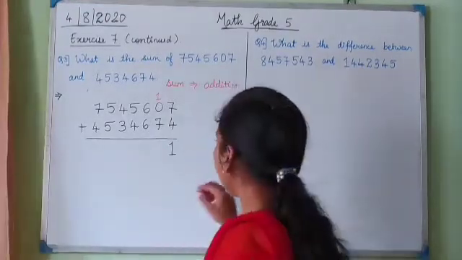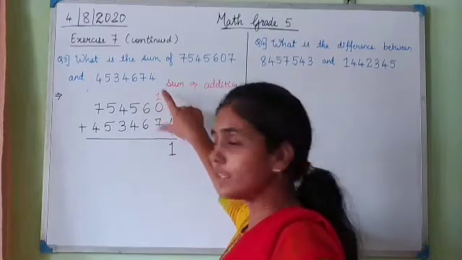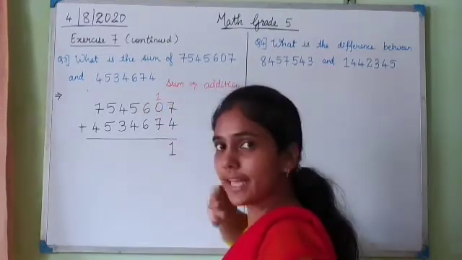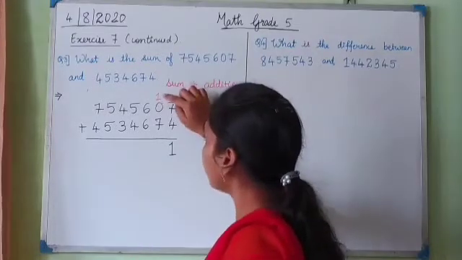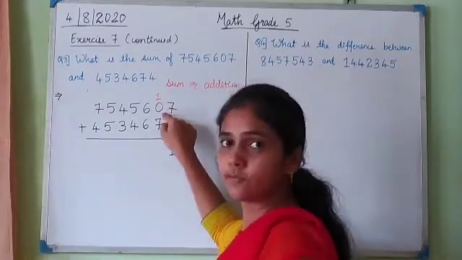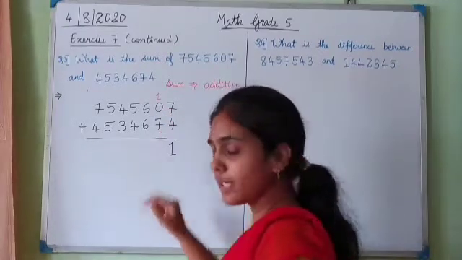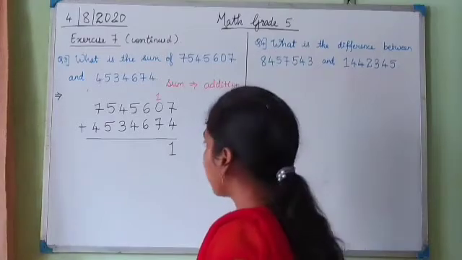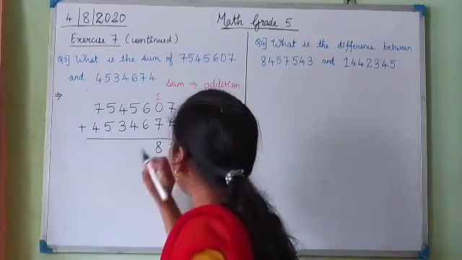So now this becomes 1 plus 0. 1 plus 0 is 1. Then again that 1 plus 7 is how much? 1 plus 7 is 8. So this becomes 8 now. So the addition of this is 8.